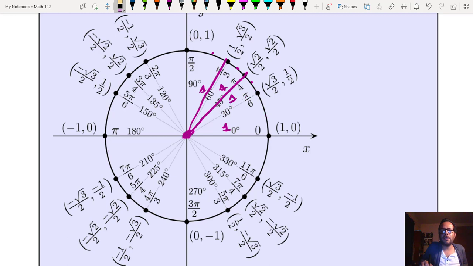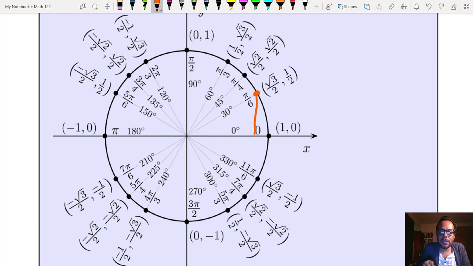Now, what does that have to do with the angles and with the triangles? Well, of course, there are infinitely many points on the circle. However, there are special points. This first point right here is the one that forms exactly a 30-degree angle.